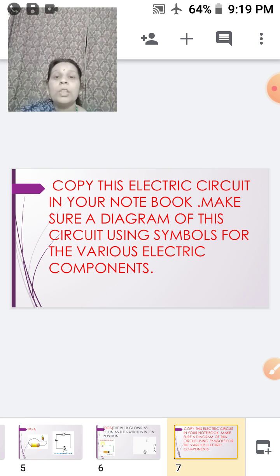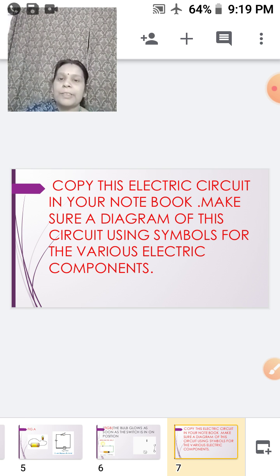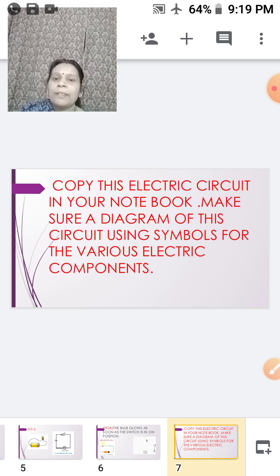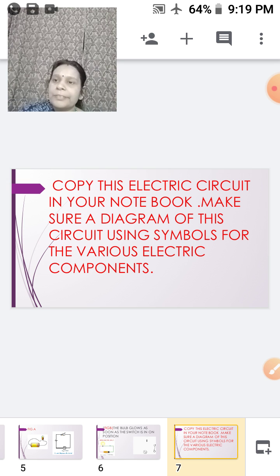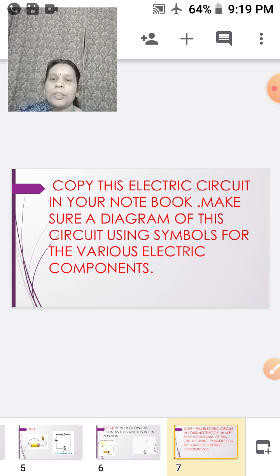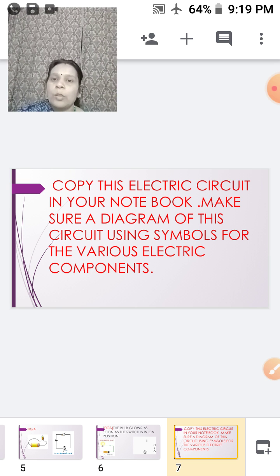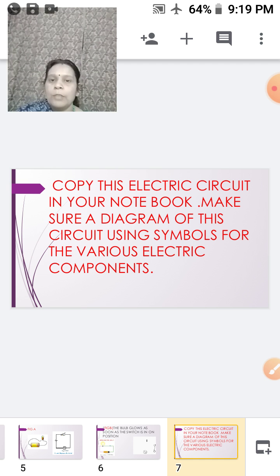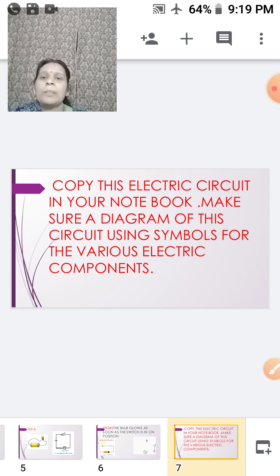I hope, children, you can copy this electric circuit in your notebook, and I feel it will be easier for you when you are drawing a circuit using the symbols instead of using various electric components. For that reason only, we always use the symbols whenever we draw an electric circuit.